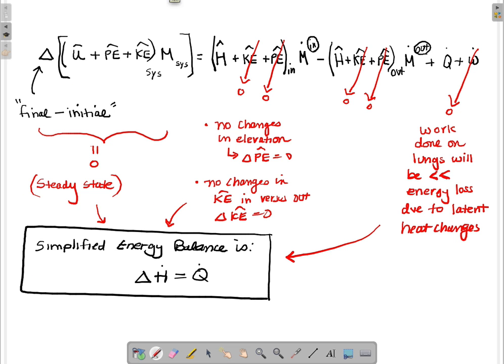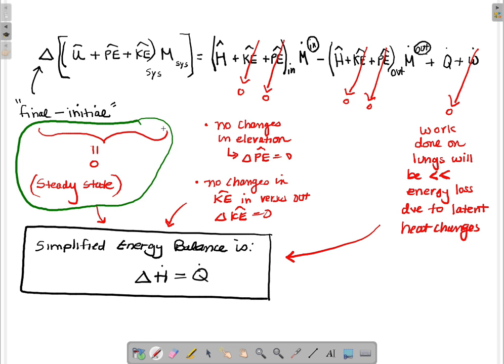Now, the next step is to consider the energy balance equation. So I've already written the general energy balance equation. And first of all, we're going to assume that the process is at steady state, which means that the entire left-hand side, the accumulation term, is 0.